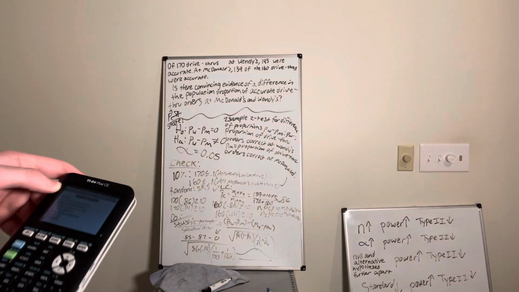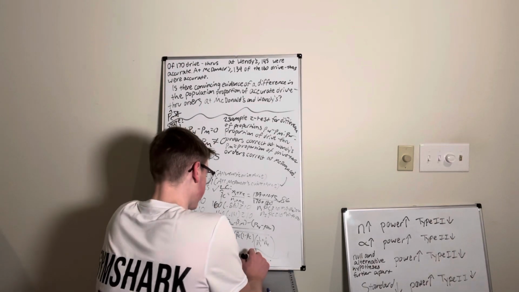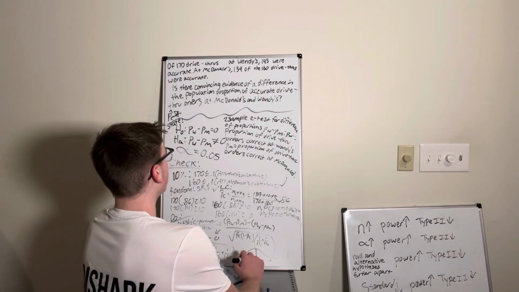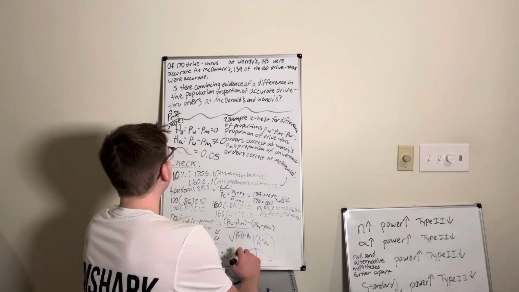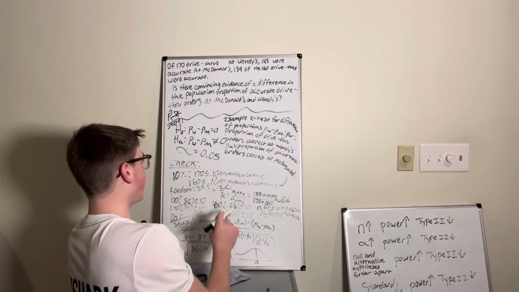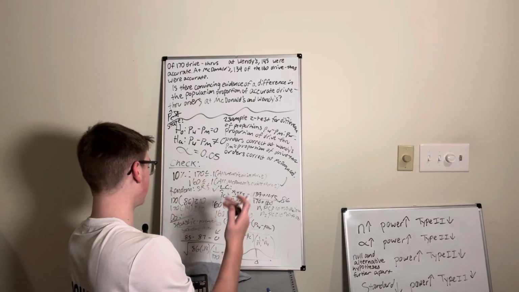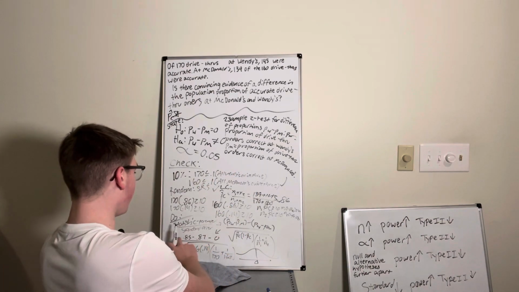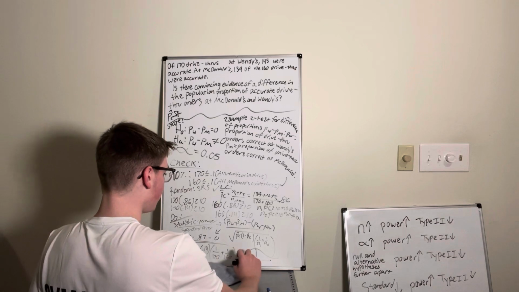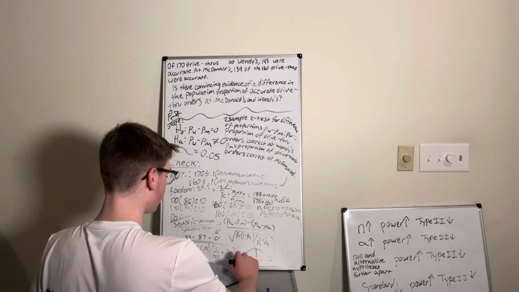Okay, so let's put this all down. On our normal distribution, which for some reason we have to draw, our middle point would be 0, like the difference of them is 0. And then the actual point we got was 0.85 minus 0.87, which would be negative 0.02.